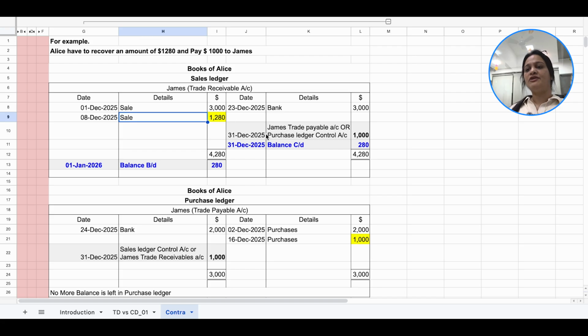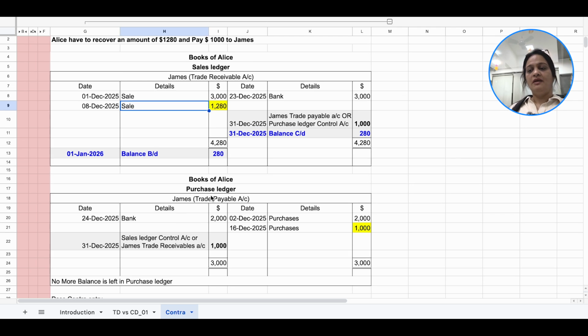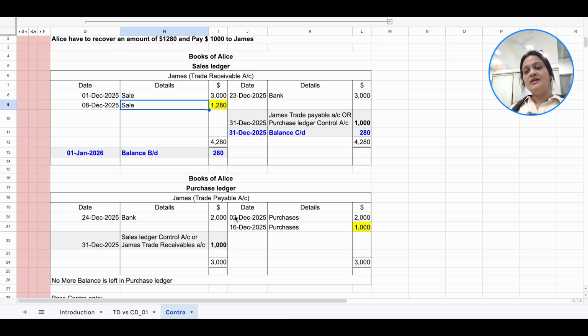Until 31st December she did not recover it. Let's see the purchase ledger. So technically this amount is now still receivable from James. Same if you see the purchase ledger. 2nd December, Alice purchased goods from James worth 2000 and paid on 24th December 2000. 16th December, she made another purchase of 1000, but till 31st, she did not pay.